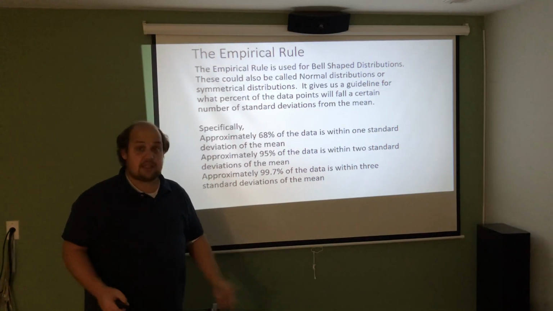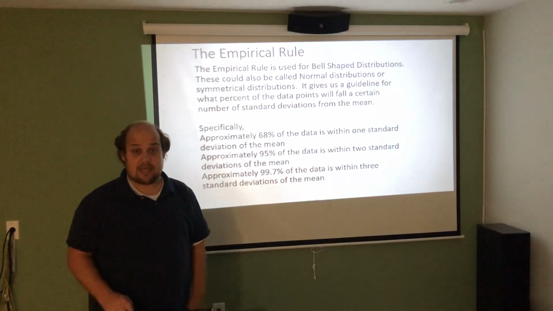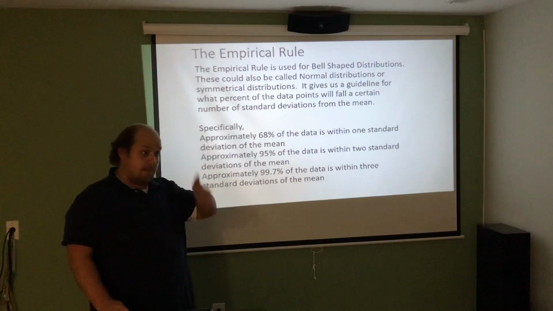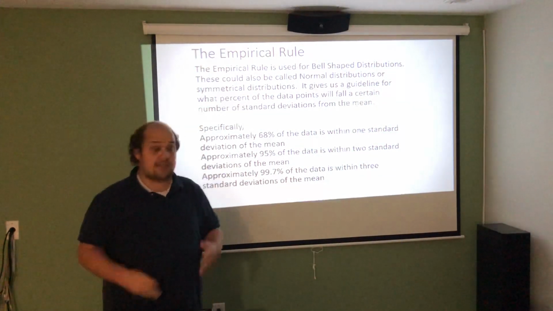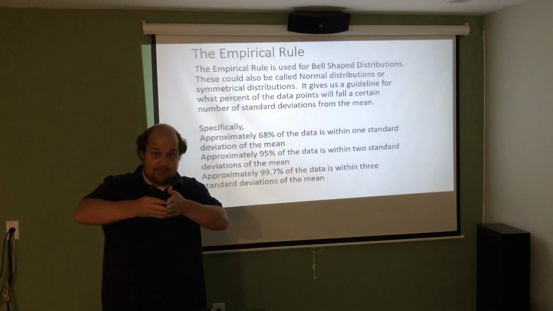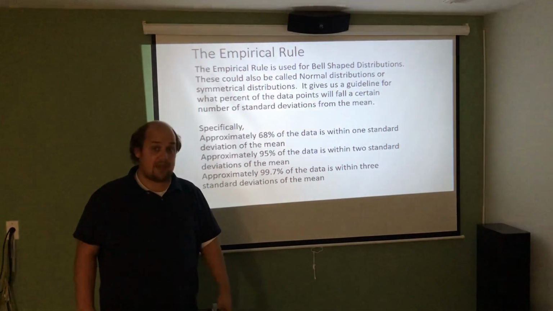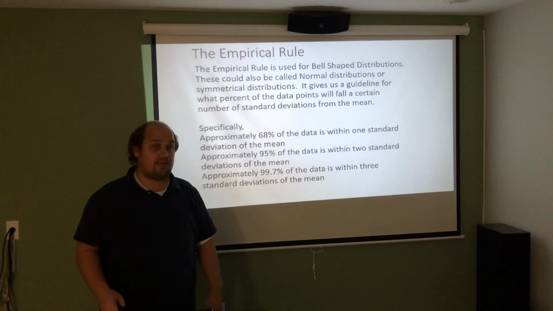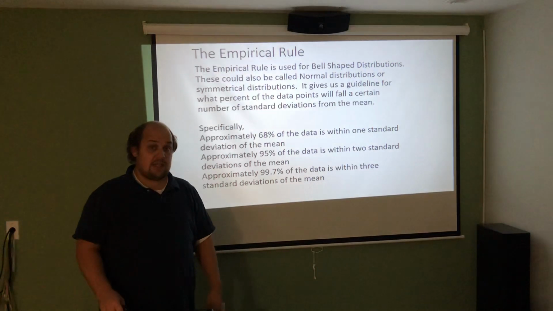So for instance, a normal distribution would be like the heights of men in American society. You would have some mean, let's say 5'10", 5'11", where that's the most likely, and then it becomes less and less likely as you get further away from that mean. So let's say that the mean is 5 foot 10 inches and the standard deviation is 3 inches.